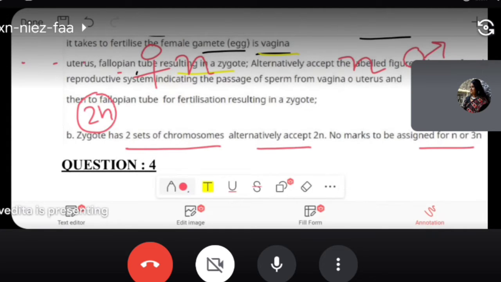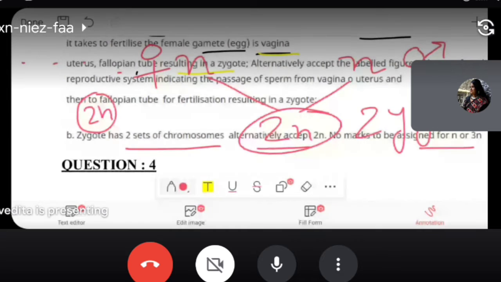So that's why there will be 2n in the zygote. The answer is: two sets of chromosomes are present inside the zygote. Understood? No n or 3n, only 2n. Understood?